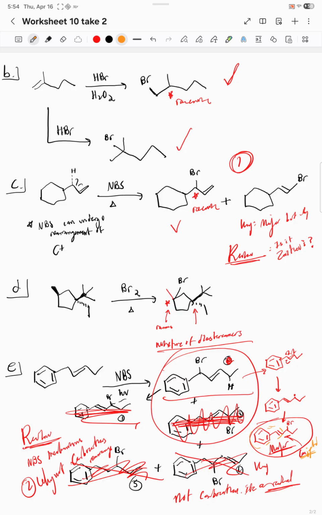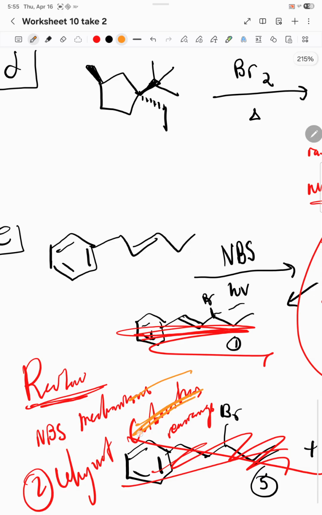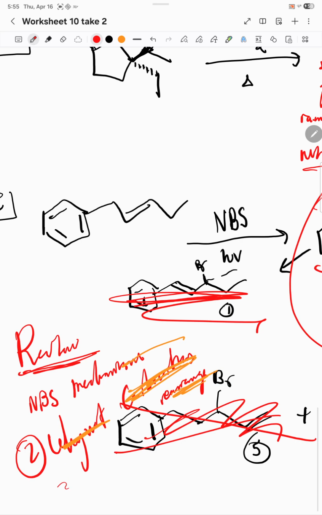Now the question I think we should ask is, okay, so we know it's not a carbocation rearrangement. We just need to ask what is the mechanism of NBS. But also, we should address what makes conjugation more stable.